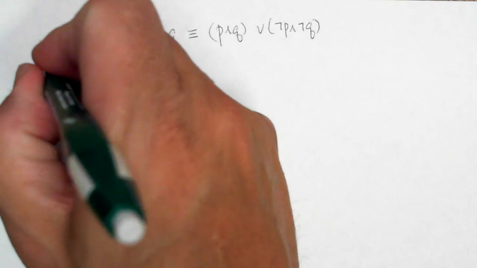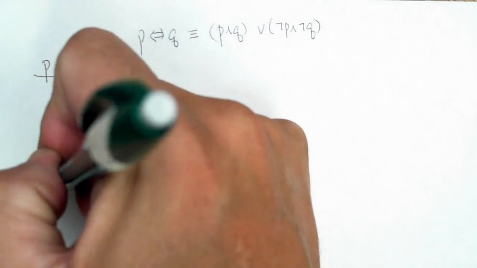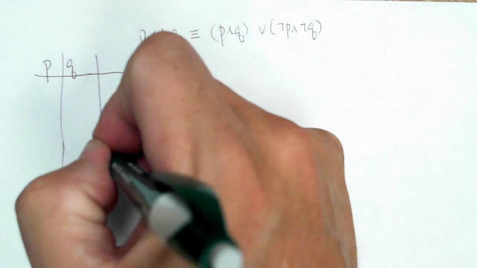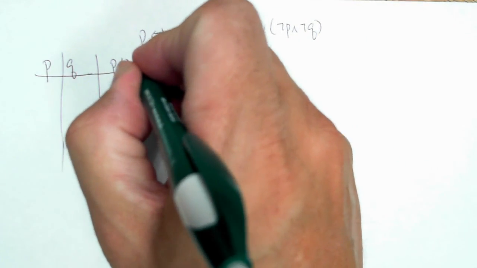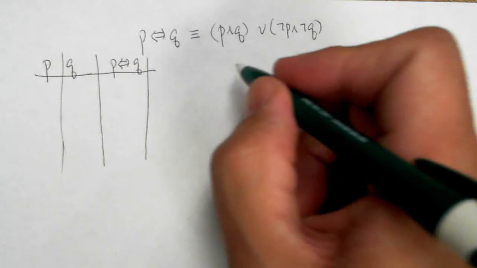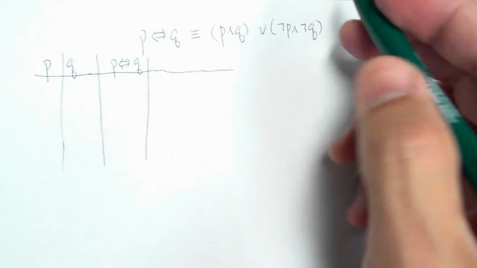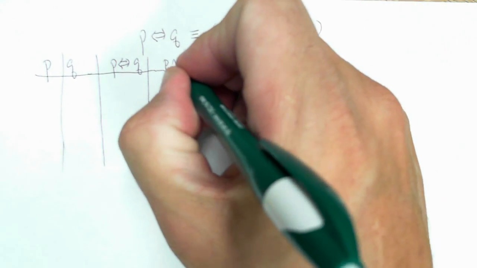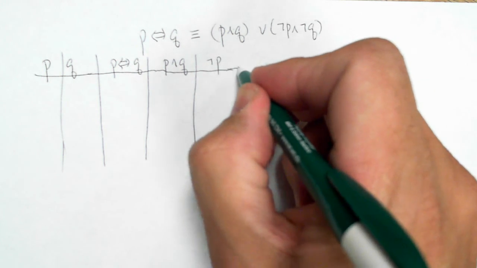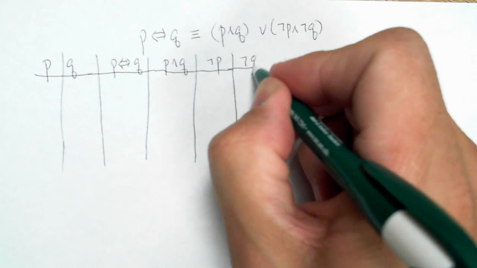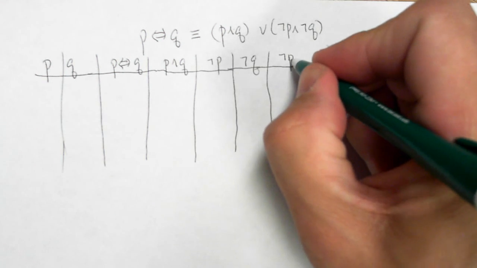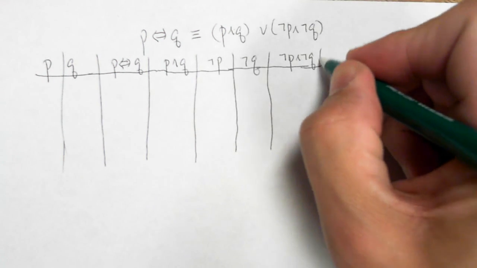Let's establish this with the truth table. So P and Q are going to be my two columns. On the left-hand side, we just have the one statement, P if and only if Q. On the right-hand side, we've got a little bit of work to do. We have P and Q. We also have to get not P and also not Q so that we can figure out what not P and not Q is.